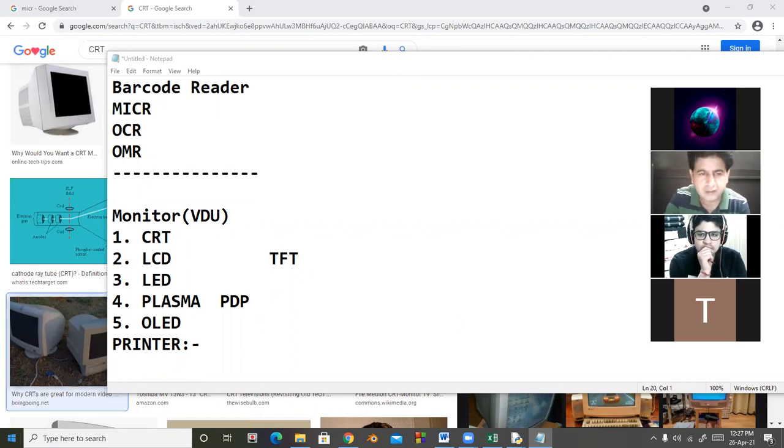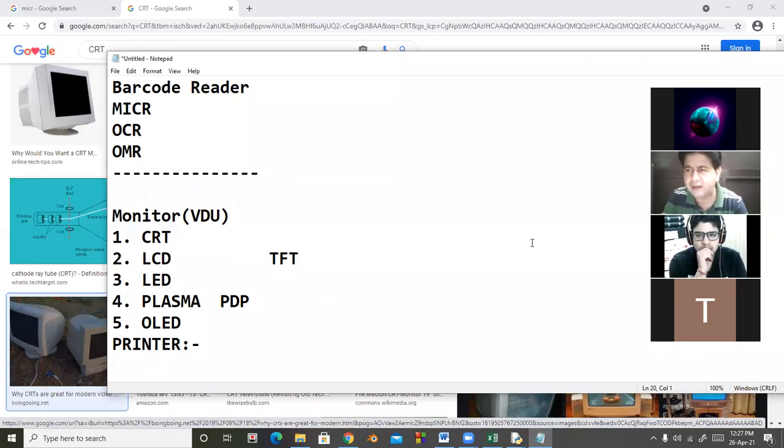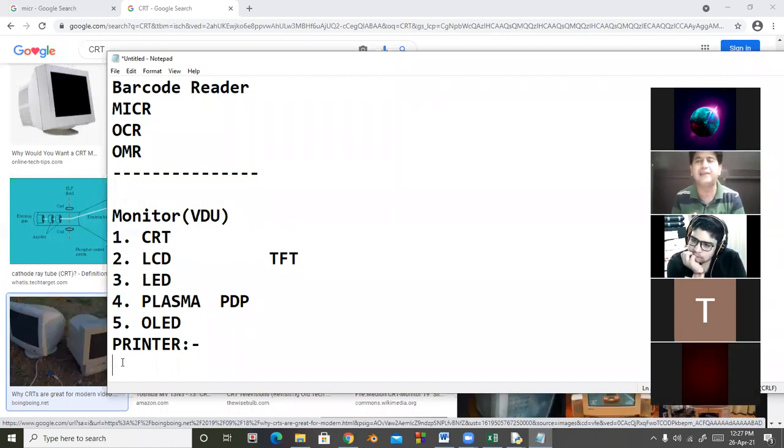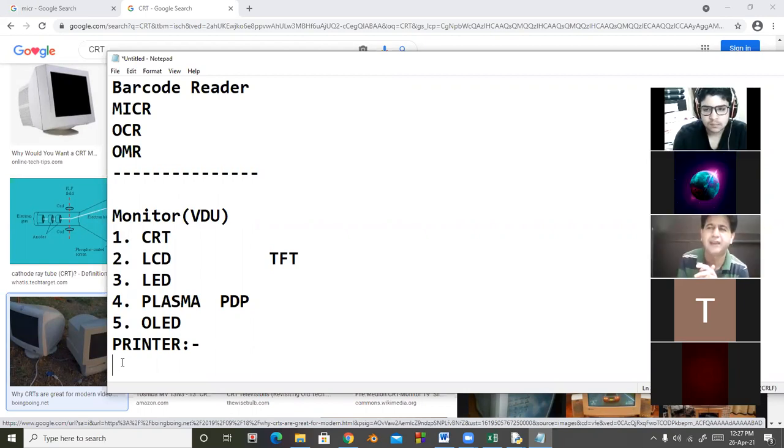Beta, for gaming purpose, because these give a very high resolution display, so that's why we can use them in games. But normally now OLED is replacing LED monitors. In future you will see that the thickness of OLED is very small as compared with LED.